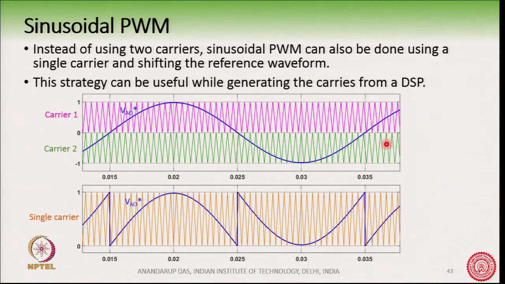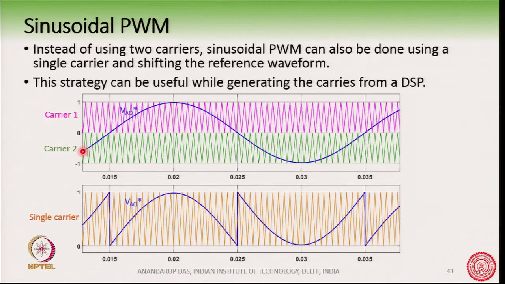When I use a single carrier, we have to shift the waveform. We had seen this when using the level shift PWM, we can shift and put the reference waveform inside one carrier.